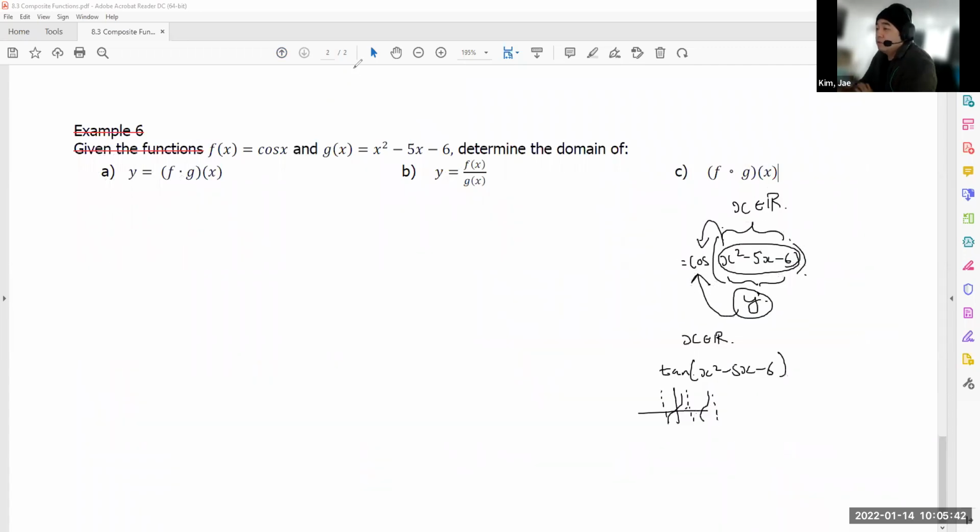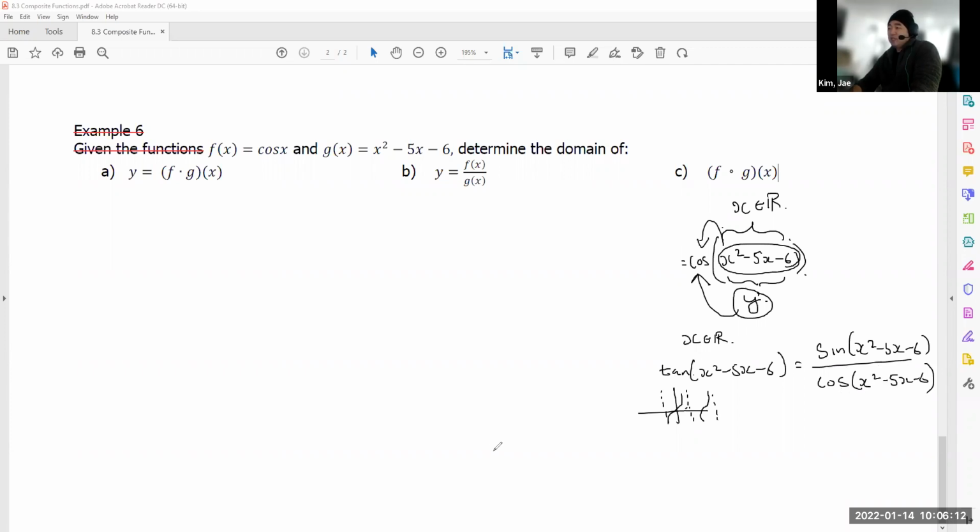Which means I need to find all the values of x that make cosine in the denominator a 0. Which is annoying, yes, I know. I'm not going to ask you to calculate that either. That's why I didn't give you something like tangent.